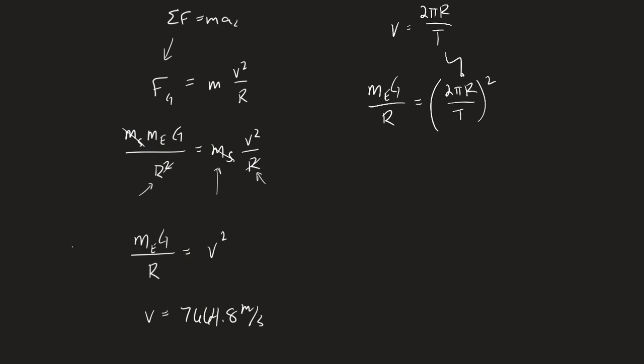We talked about this yesterday, and the idea of deriving a relationship for the period related to the radius is something I'd like you to be able to do, and I went through it yesterday. I'm reiterating it right now. You can cross-multiply this and get MEG t squared equals 4 pi squared radius cubed. This is deriving a relationship between the period and the radius.